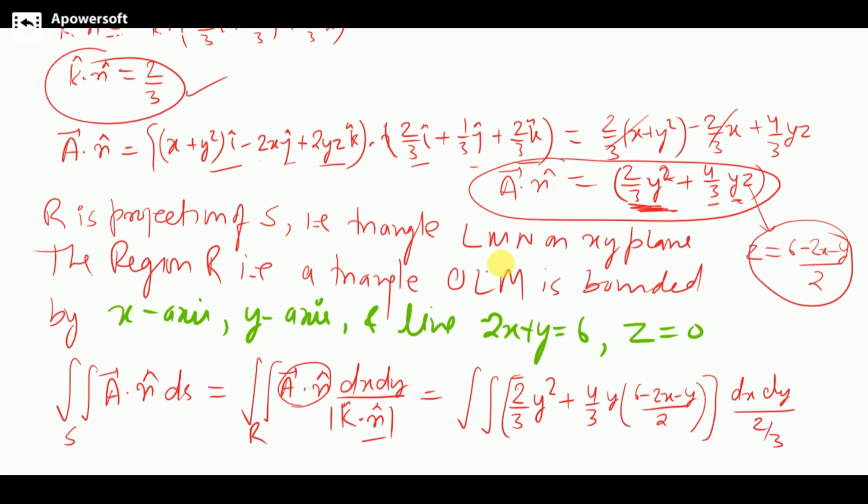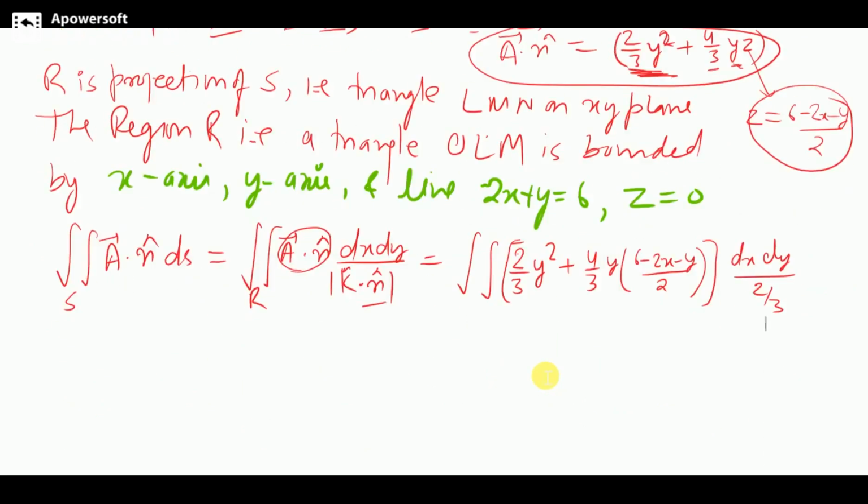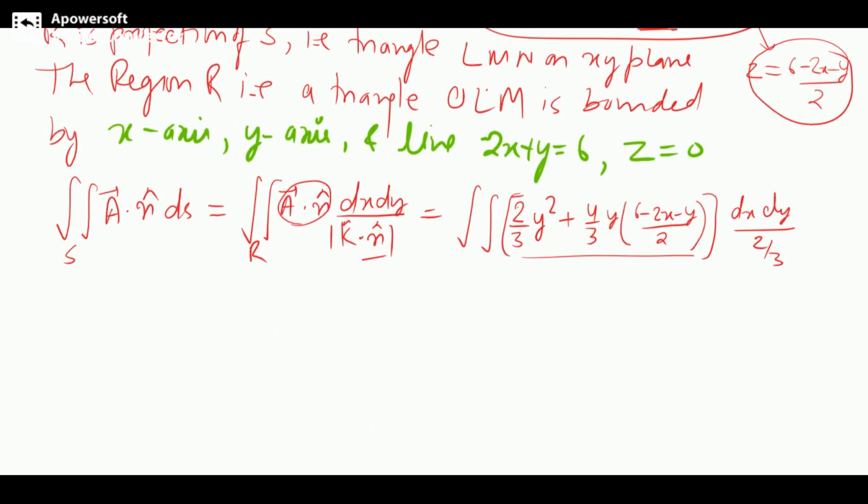So first we simplify that. We write the double integral, and on simplification we get 4 by 3 y (3 minus x), and the limit dx and dy.